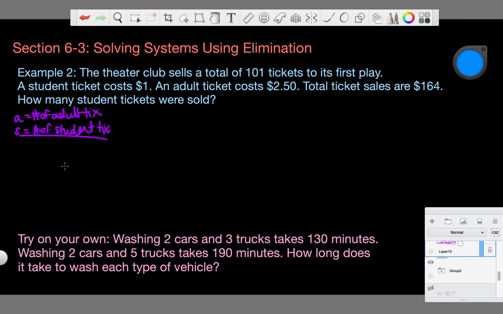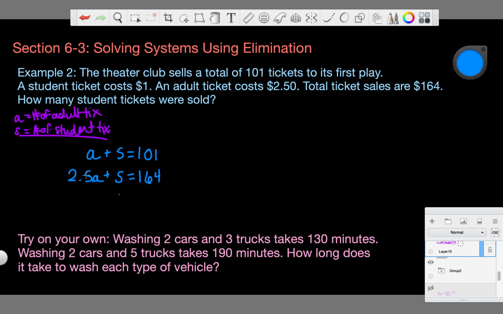The first equation we're going to write is about the number of tickets. We know that we're going to have A, adult tickets, plus S, student tickets, equals 101 total. Now the next equation has to do with money. Adult tickets are $2.50 each, so we have 2.5A plus S. Student tickets are $1 each, so we have 1S, which is just S. And the total amount that was sold was 164.